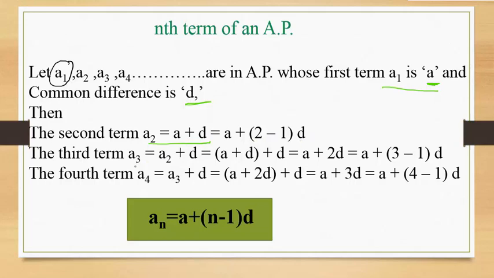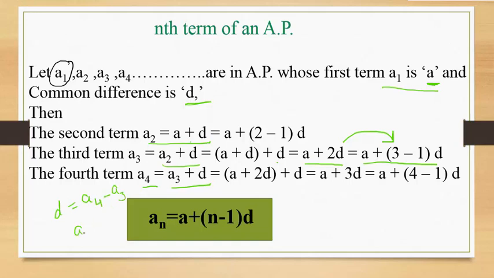Then the third term will be A2 plus D. Now A2 is A plus D, and plus D. This will become A plus 2D. Now we can write this as 3 minus 1, so A plus (3 minus 1) into D. Now the fourth term will be A4 equals A3 plus D, because the common difference is the difference between two consecutive terms, means D will be A4 minus A3.